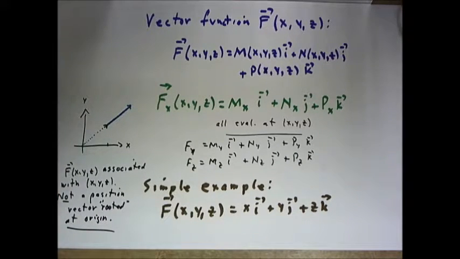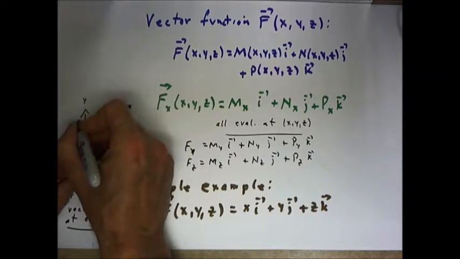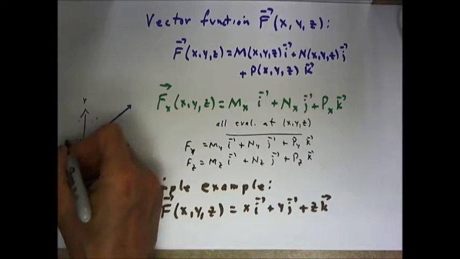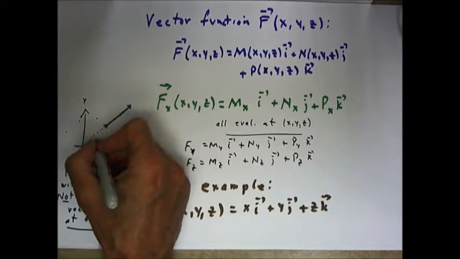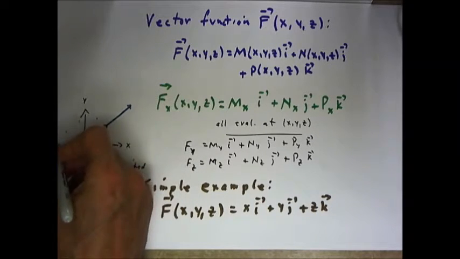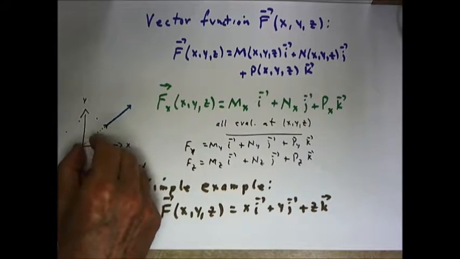So that if we were to depict a bunch of position vectors, let's have some at points closer to the origin and some at points further from the origin. Okay, the position vector at this point would just be this.